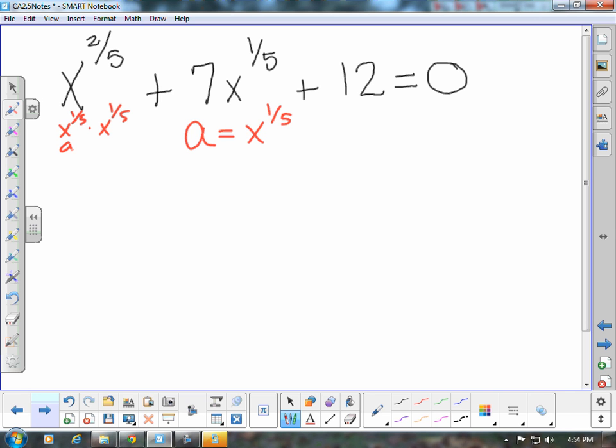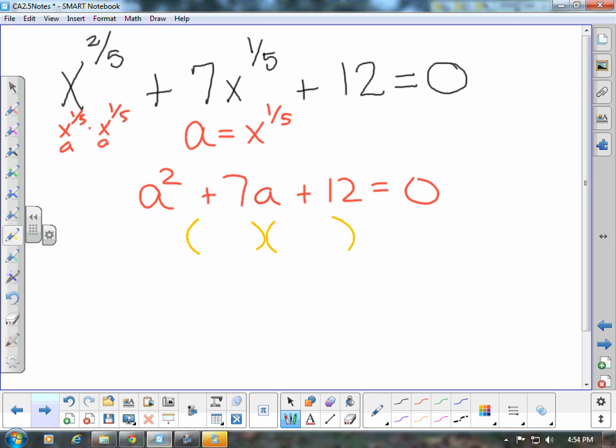And so that's like a times a, or a squared, plus 7a plus 12 equals 0. You can define a new variable to represent the variable you're trying to solve for. And since we have some fractional exponent, it's easier to look at this than it is that. And so now we can try to factor.